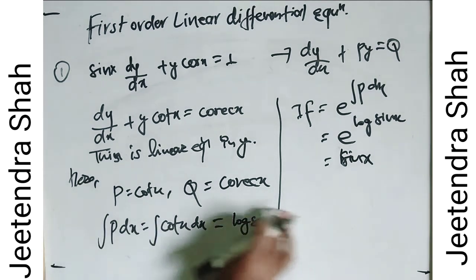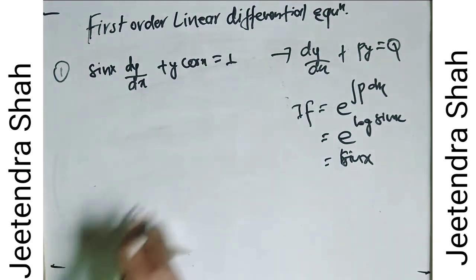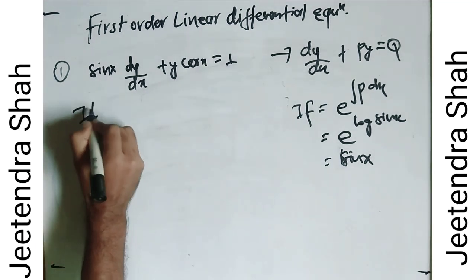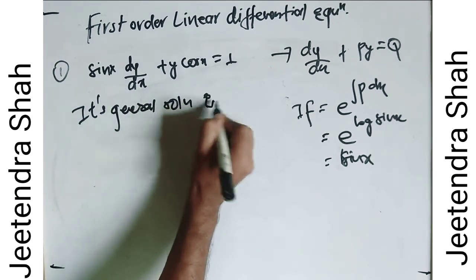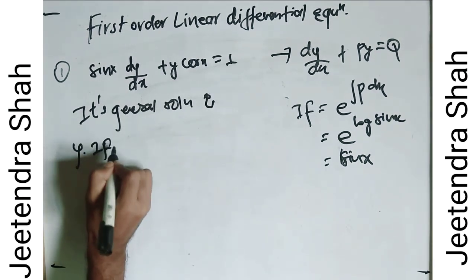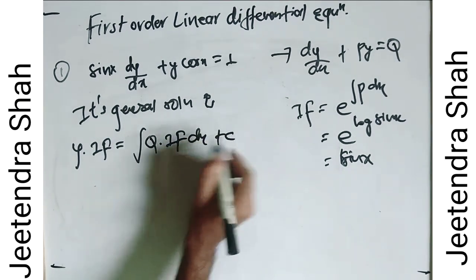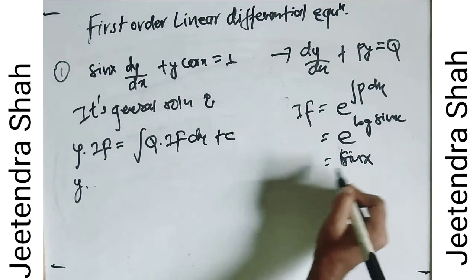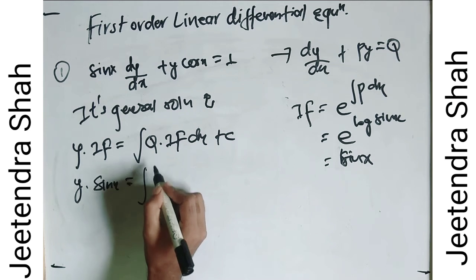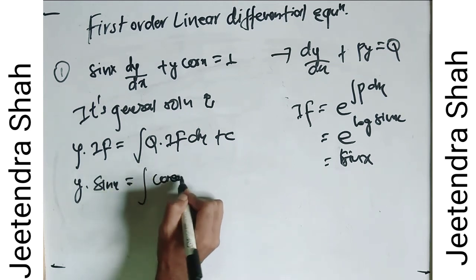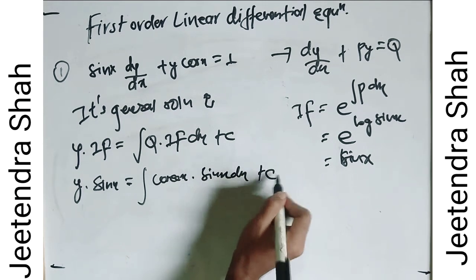Now it is the turn to calculate the general solution. Its general solution is y times integrating factor equals integral of Q times integrating factor dx plus c. We have calculated the integrating factor as sin x, so y sin x equals the integral of Q, which is cosec x, times sin x dx plus c.